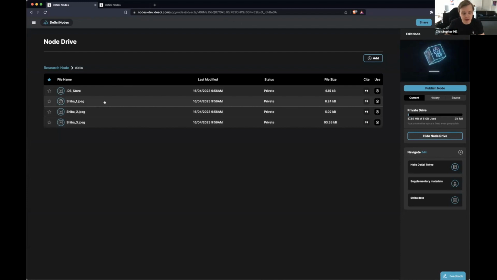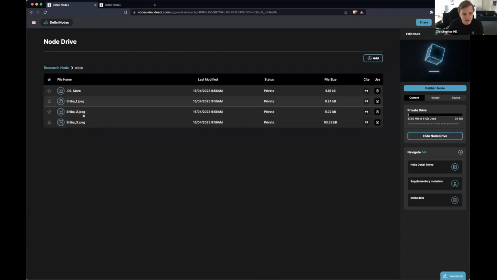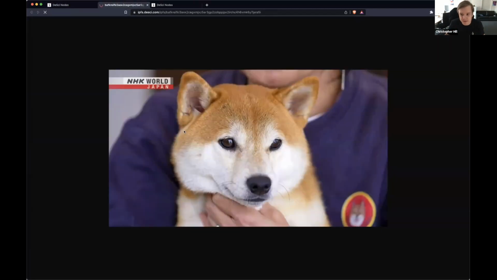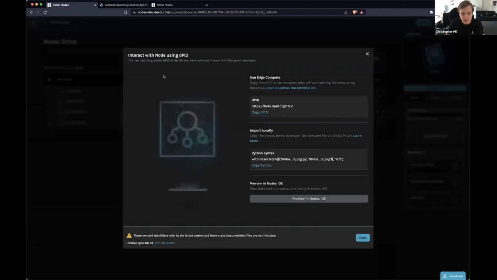So here, for example, I have data in my research repository. In this case, I have some cute Shiba Inus, but it could be all sorts of things. I could take this piece of data and start reusing it and doing edge compute jobs.